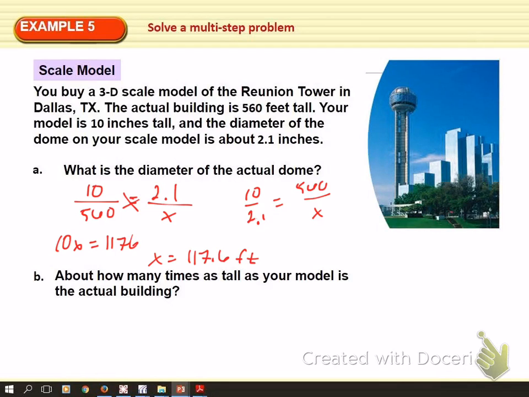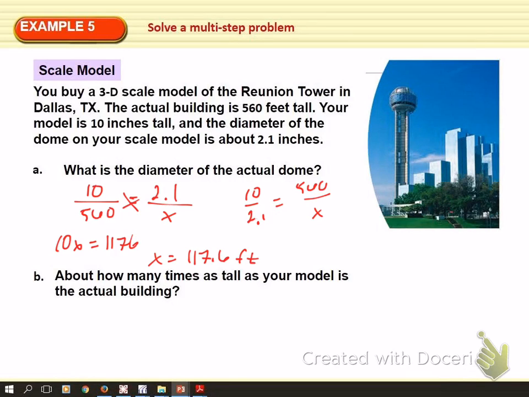Now the next question says, about how many times as tall as your model is the actual building? Well, that's a ratio. Remember we talked about a simplified ratio should tell you how much bigger or how much longer one thing is compared to another.